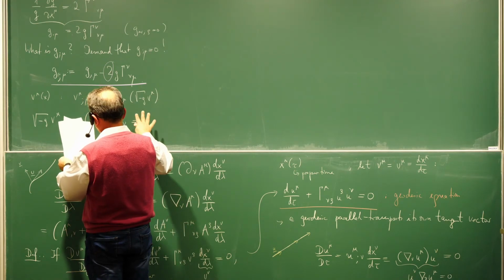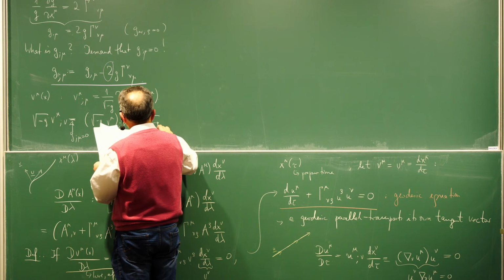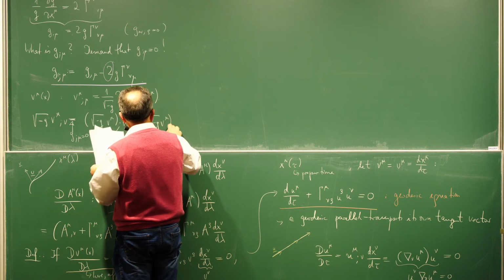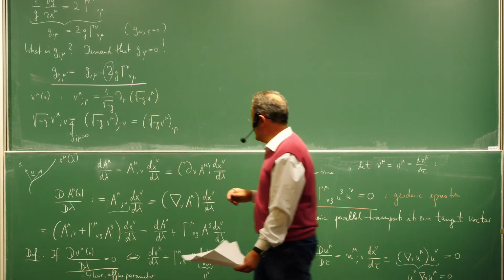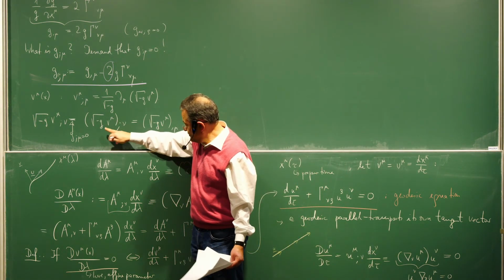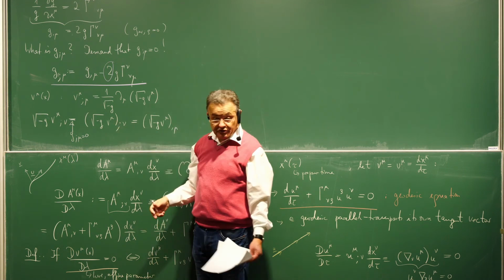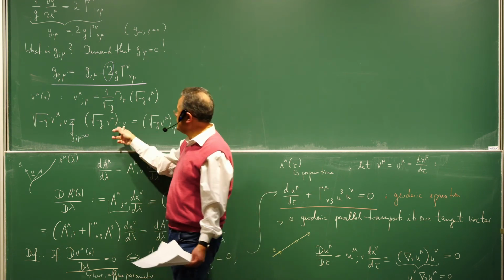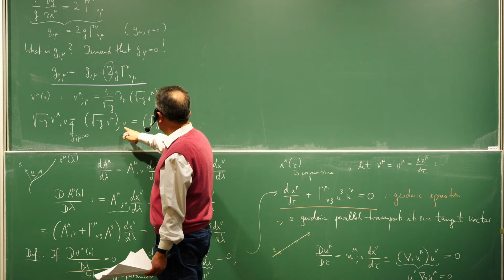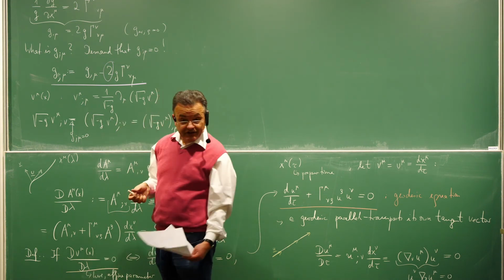But then from the line above, we can write this also as square root of minus g v^μ_{,μ}. So you see, this is a vector field, so multiplied by square root of minus g, it's a vector density of weight 1, and this has the property that its covariant divergence is equal to its ordinary divergence.